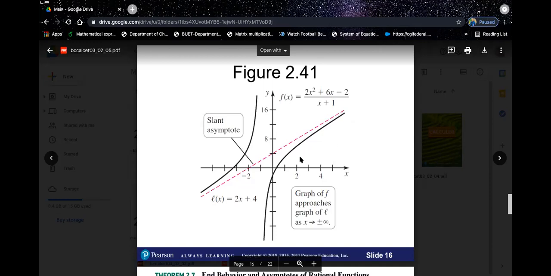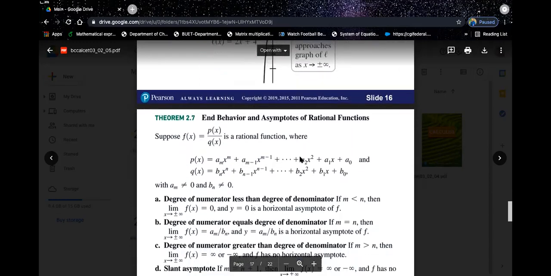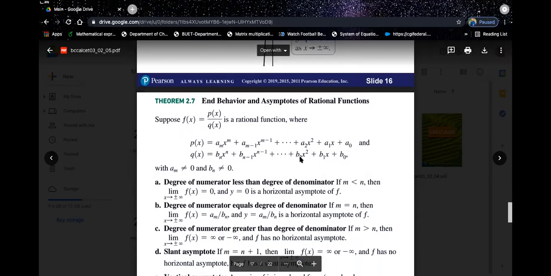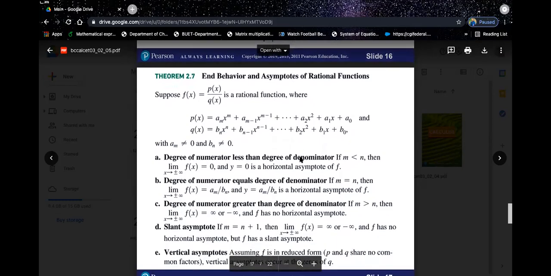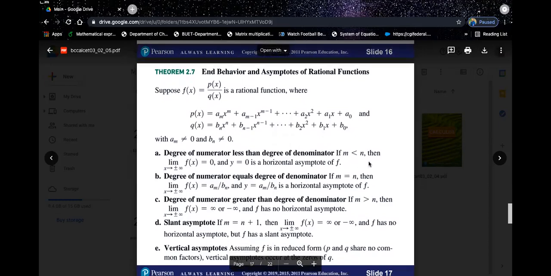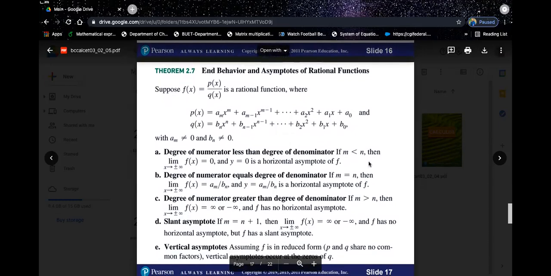All right. Let's see the algebraic requirements. We have already seen how it looks graphically. Now we want to see what happens algebraically, or how can we calculate or find the asymptote when a function or a polynomial is given.